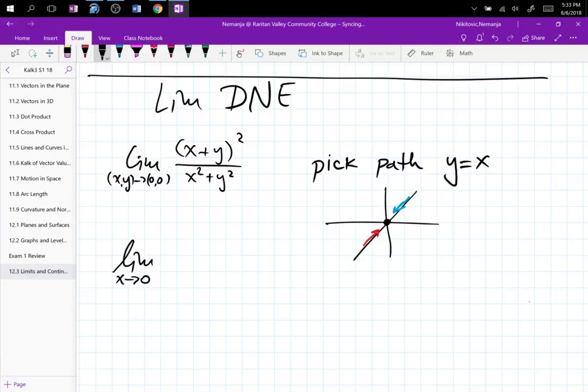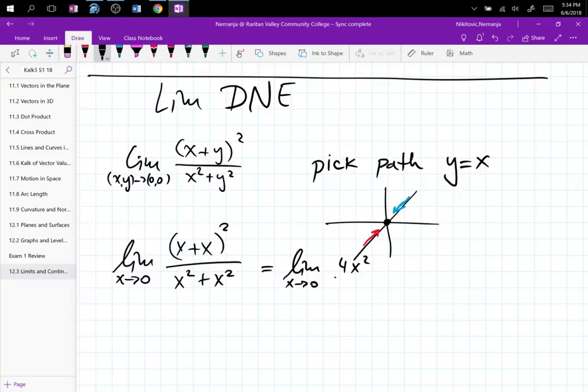And then all y's will be replaced by x's, so I have x plus x, everything squared, divided by x squared plus x squared. Because y equals x, right? So every y was replaced by x. We have a Calc 1 limit, so just do it, as Nike would say. You have 4x squared on the top, 2x squared on the bottom, x squares die, and the limit is 2. All right, that's fair. The limit is 2.